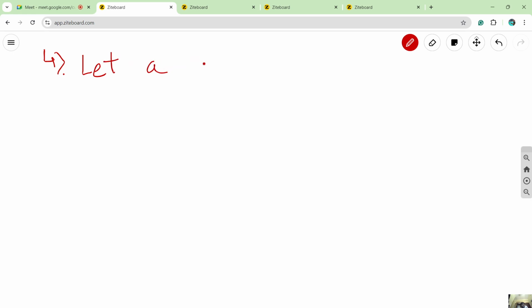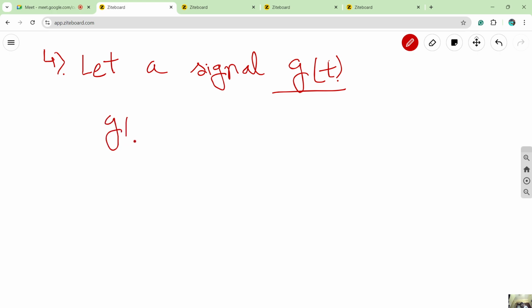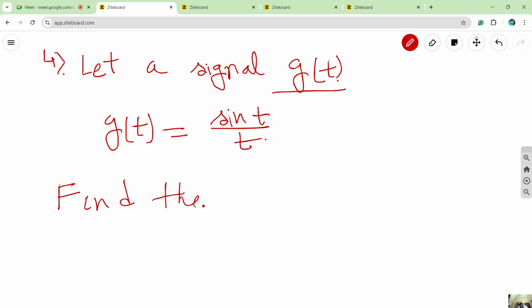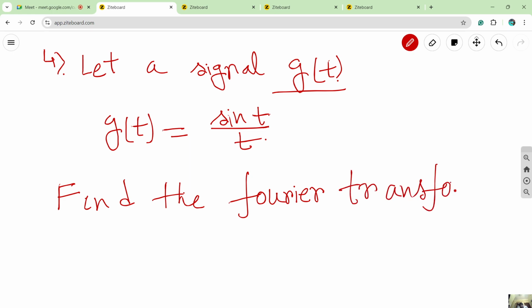Let a signal g(t) be defined by g(t) equal to sin(t) by t. Then find the Fourier transformation of a into g(-t).